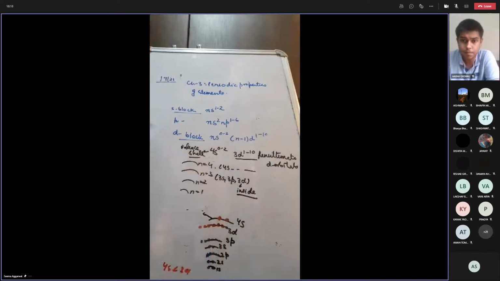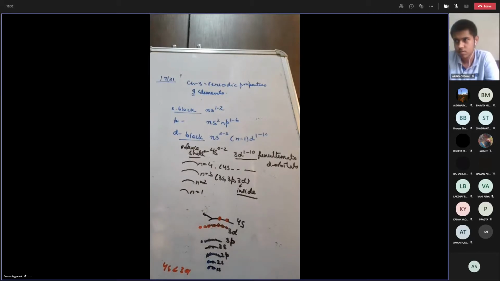But 4s is outside, so the valence shell is 4s. The electrons first enter 4s and then start entering 3d, and this 3d is called penultimate.